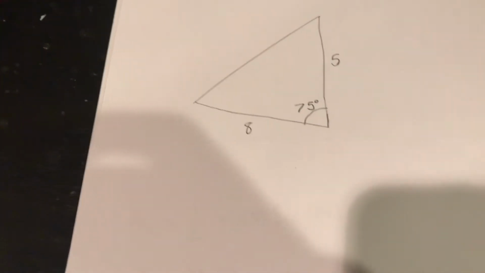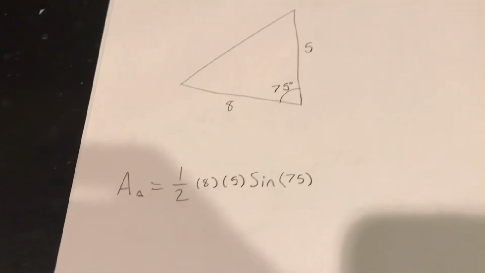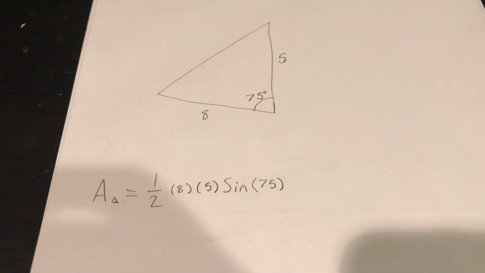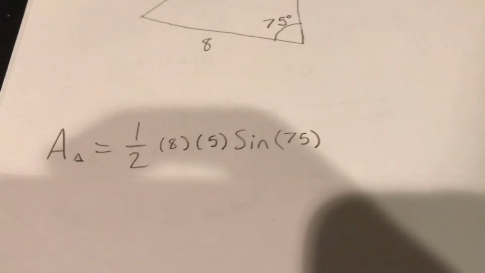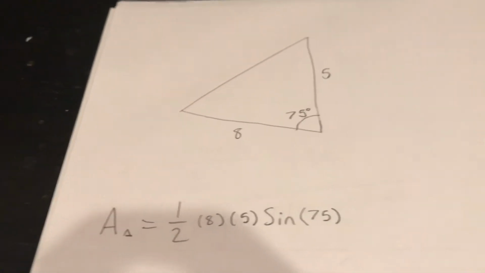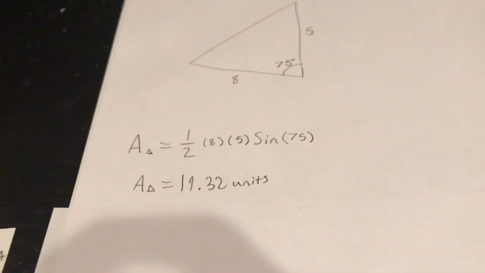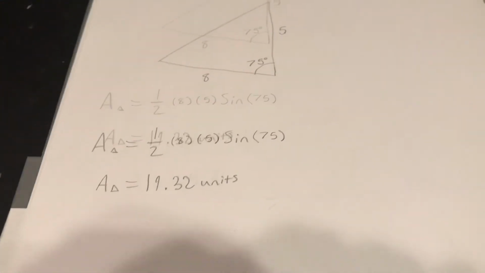So that's what I did. So we have the area of a triangle equation here, 1/2 times 8 times 5 times sine of 75. And we put that into our calculator, and we get 19.32 units.